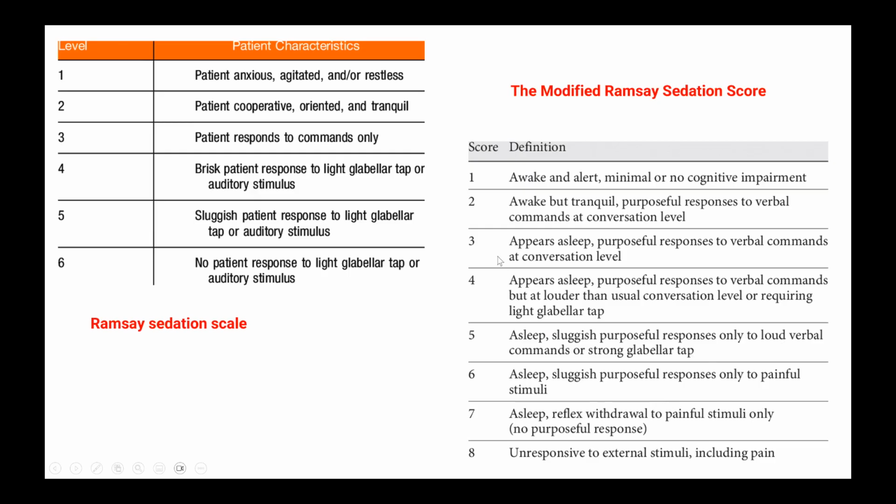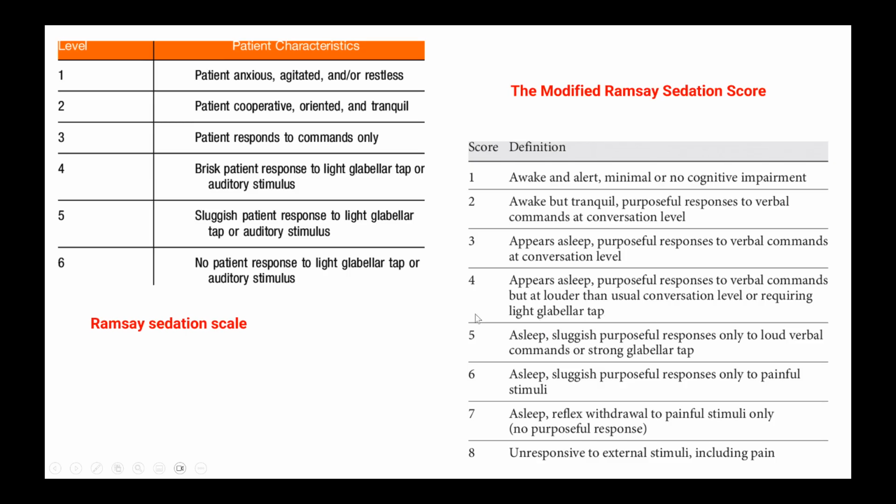Then in the third, it appears asleep, purposeful responses are there to verbal commands at conversational level. You may not shout or raise your voice here. And 4 appears asleep, purposeful responses to verbal commands are there, but louder than usual conversation level is required. And you even have to tap the glabella and get a response for that also.